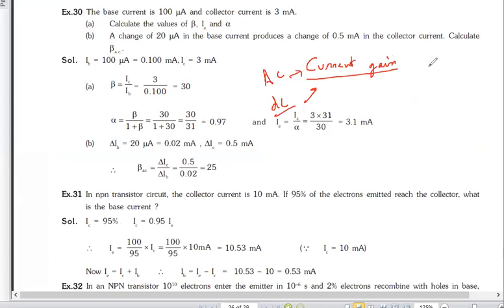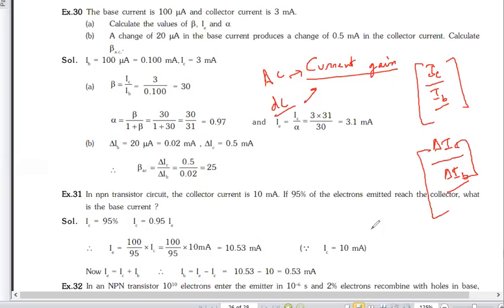Now, when you talk about this ratio, IC by IB, this IC by IB and delta IC by delta IB, they're not the same.